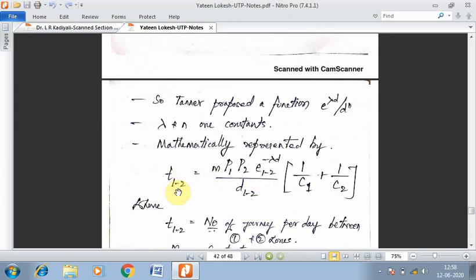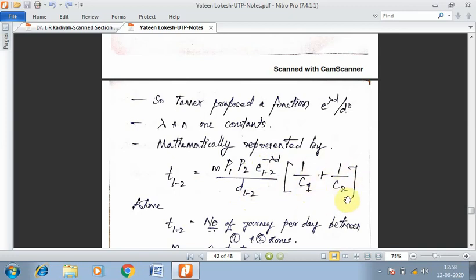So Tij, which can be small tij or even capital Tij depending upon the requirement, or T12, is equal to m multiplied by P1 P2, multiplied by e raised to minus lambda d, divided by the spatial separation between zone 1 and zone 2, multiplied by 1 by C1 plus 1 by C2.